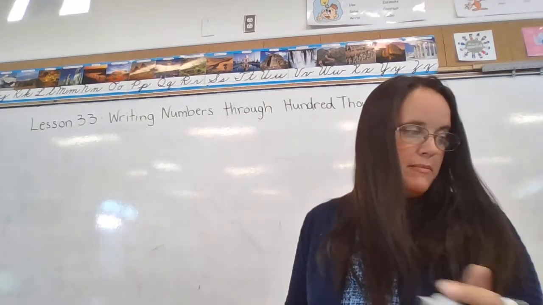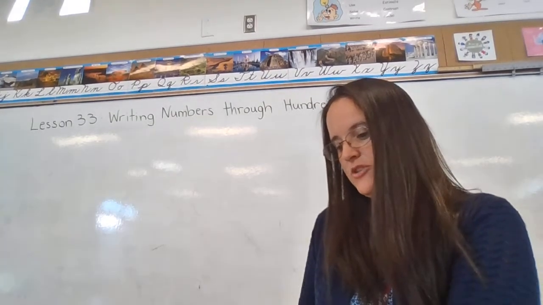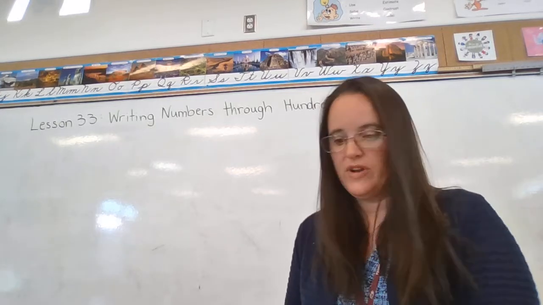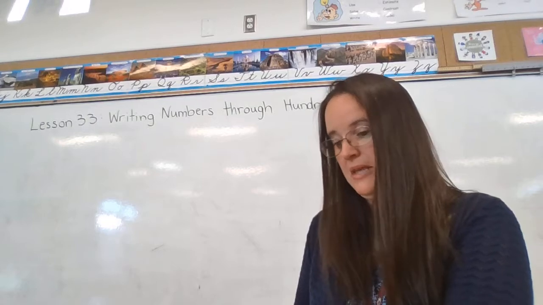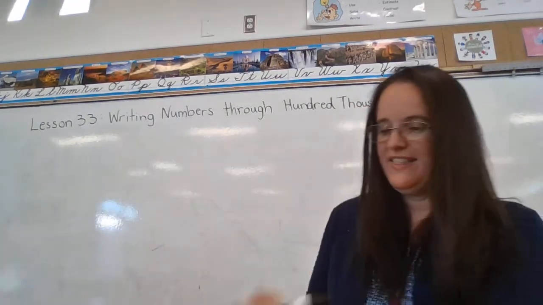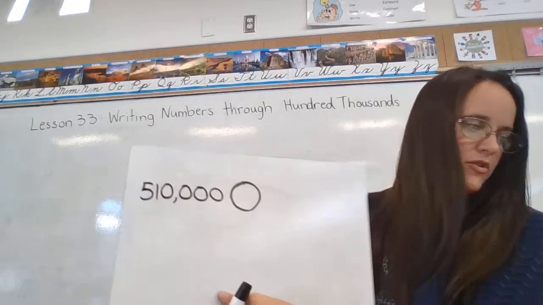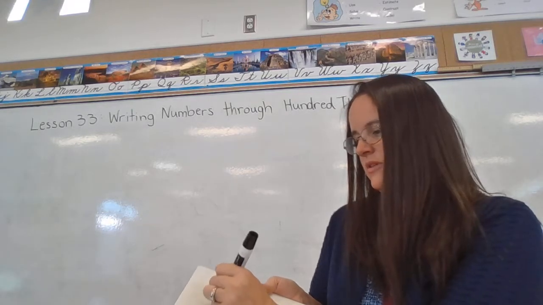The next type of problem you might see, and this is one of my favorites because they try to trick you, and I know that you are smarter than the trick, although I didn't give myself quite enough room to write this problem. So we have 510,000, and then we have this lovely circle. Who remembers what that circle means? What are they looking for in that circle?